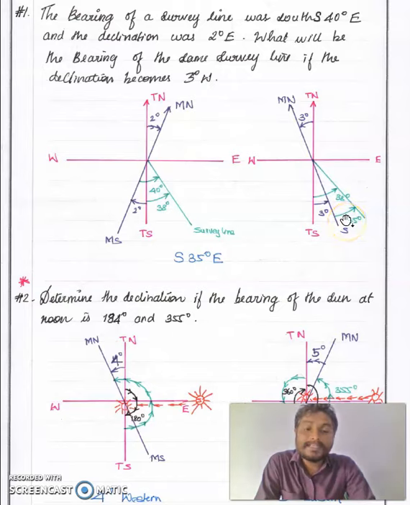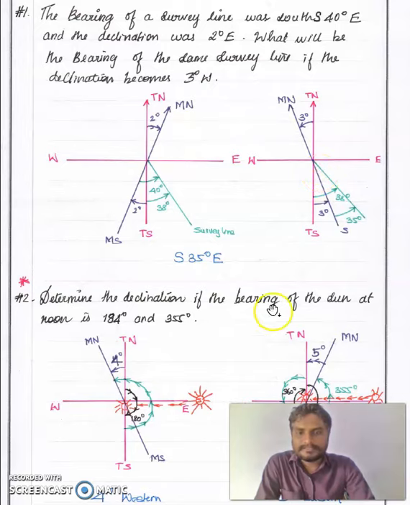So with respect to the magnetic meridian, what is the angle of the survey line? The true bearing is 38 degree. This is also constant, so 38 minus 3 degree, 35 degree. Okay, so yes, 35 degree is the bearing of the survey line.